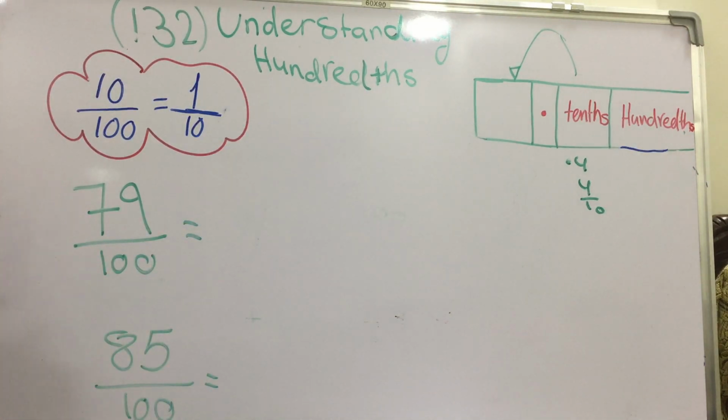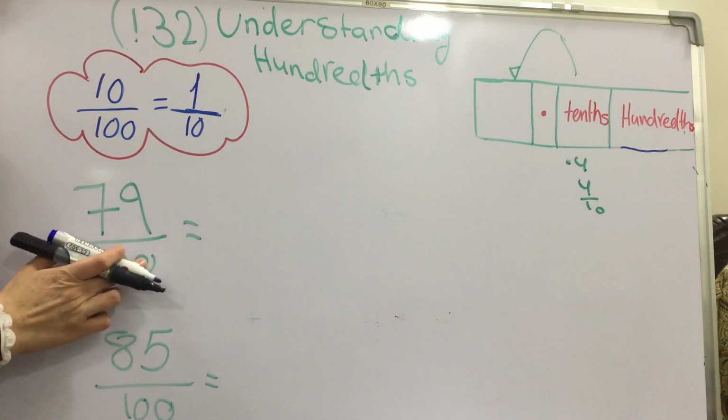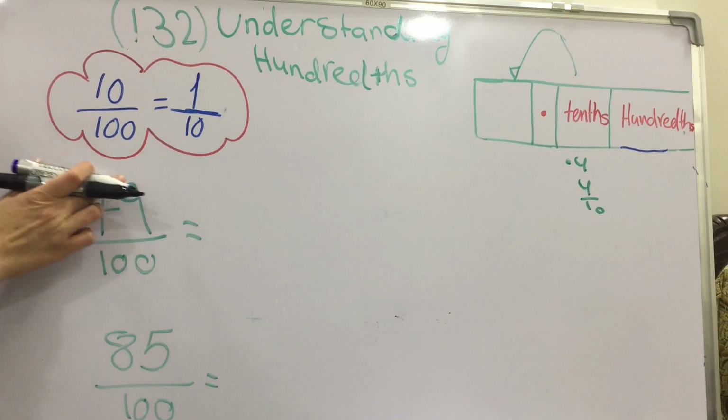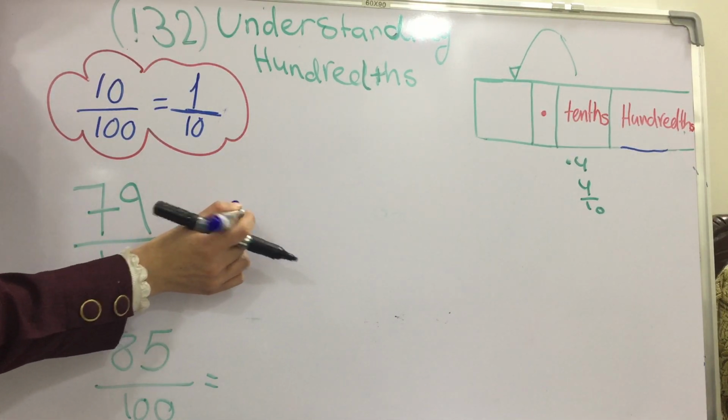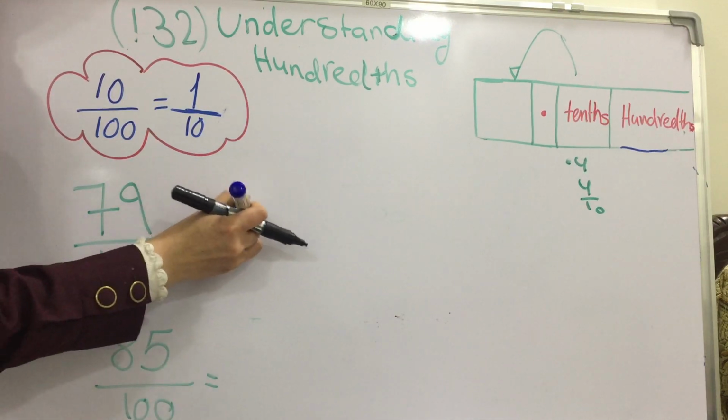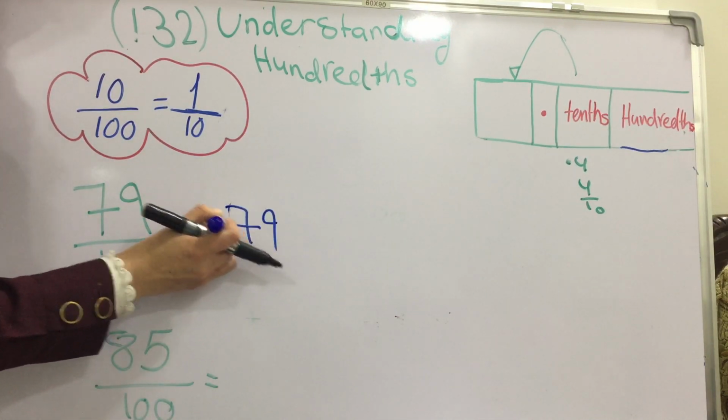This is 79 hundredths, and this one is 85 hundredths. How can I write it in a decimal way? I count how many zeros? 1, 2. So I count 1, 2 and write the dot. So it's point 79.